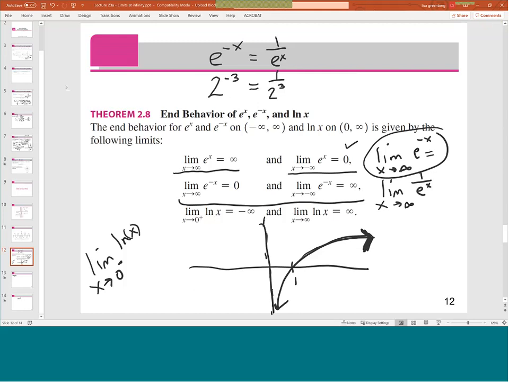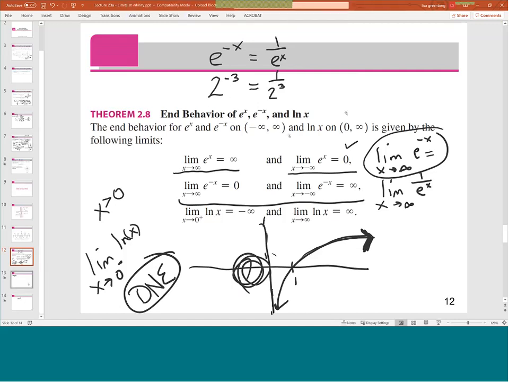So this does not exist. There is no part of the graph on this side. Remember, for ln, x has got to be greater than 0. It was a little bit of a trick question, but I wasn't trying to trick you. I was trying to point things out to you so that you can understand things. Okay?